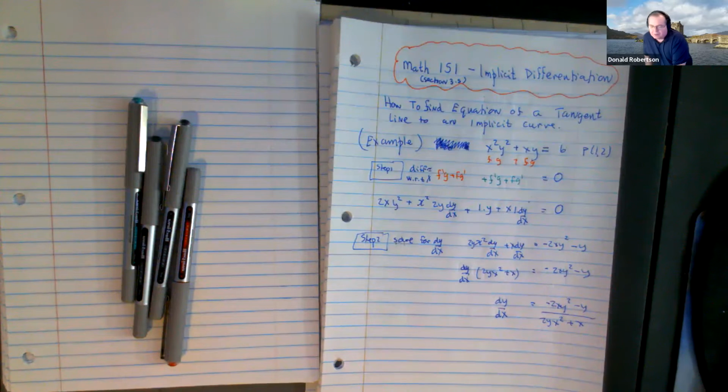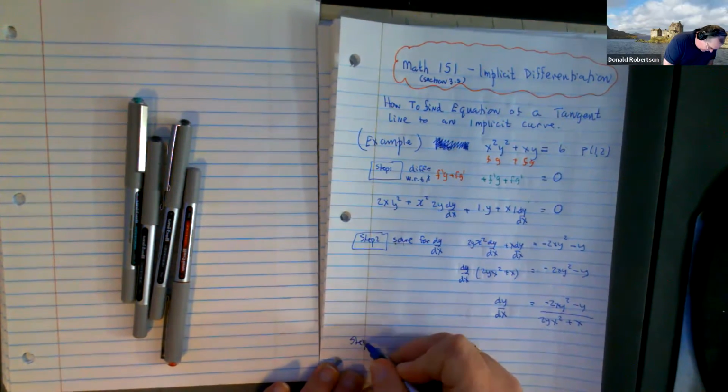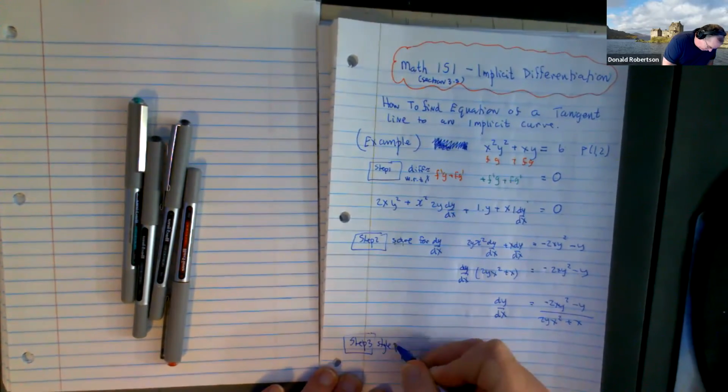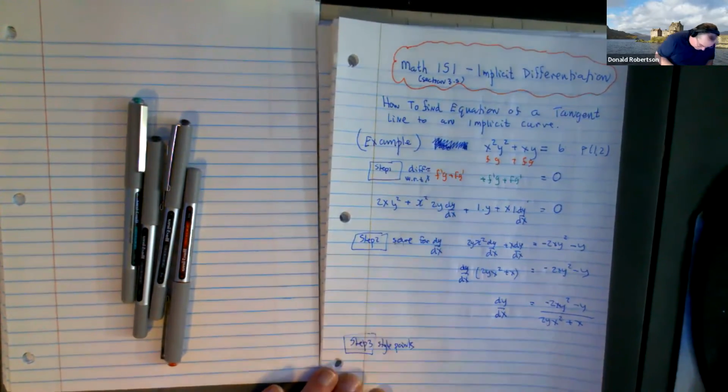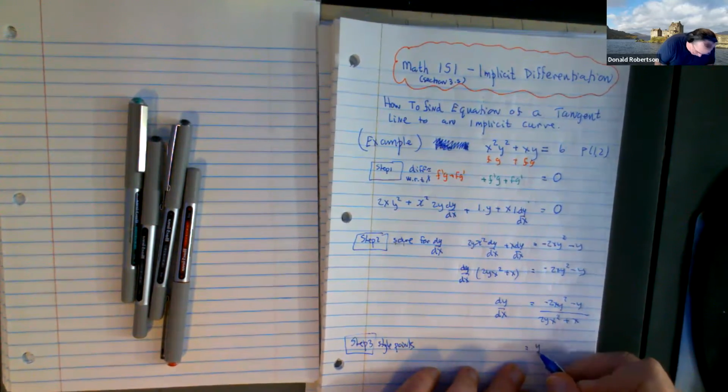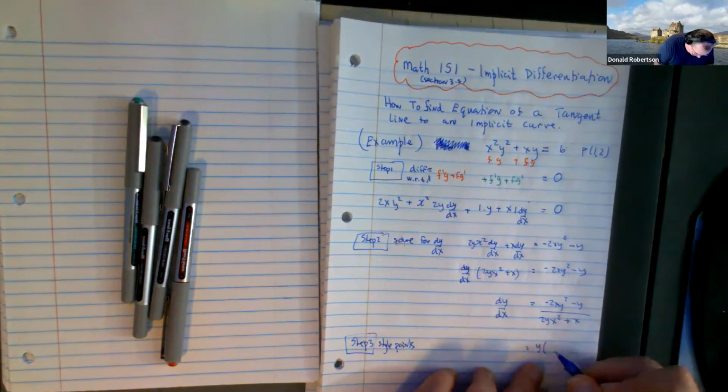There we go. And if we were doing it with style points, you might have step 3, just style points. Well, I'm looking at this guy, and I can see I can pull out a y. I could even pull out a negative y if I felt like it.